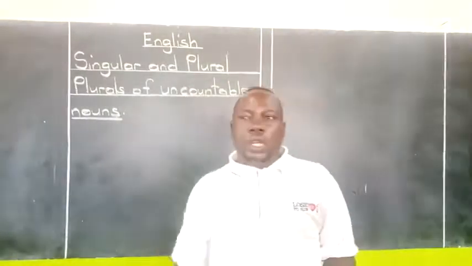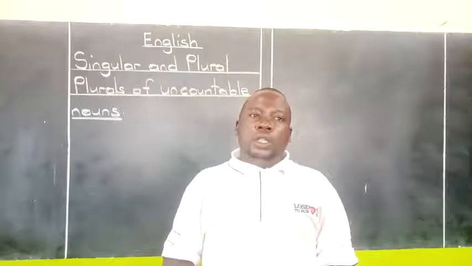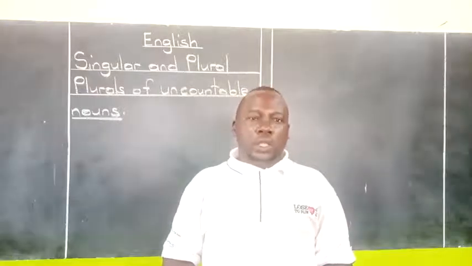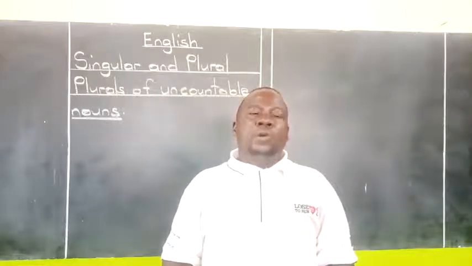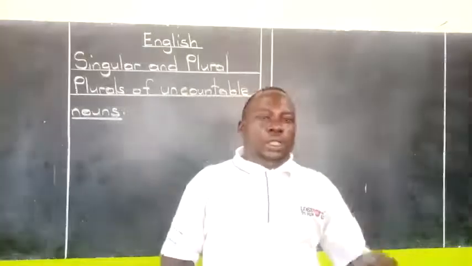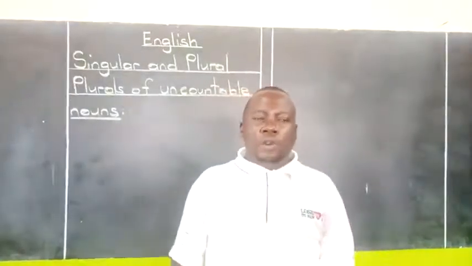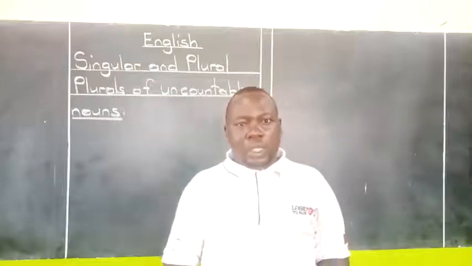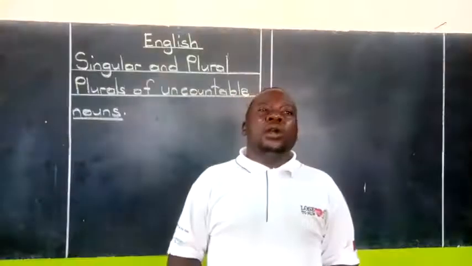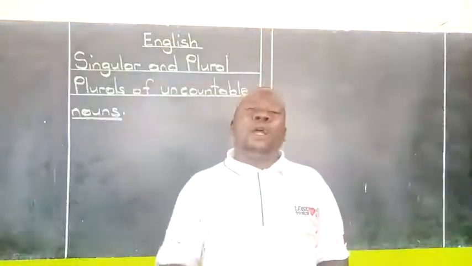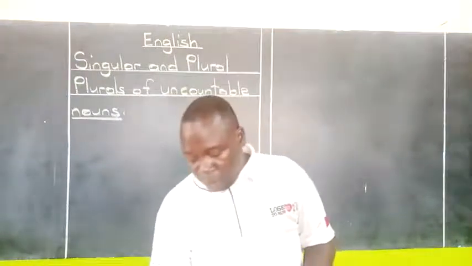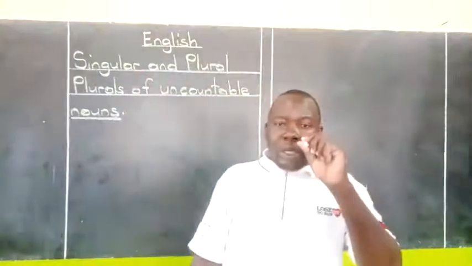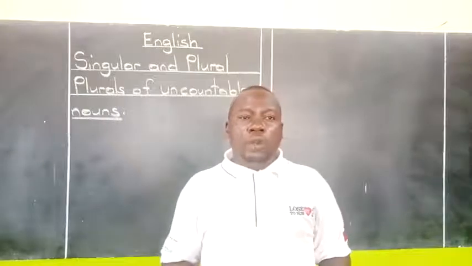Uncountable nouns are nouns that cannot be counted, like the way you count books, 1, 2, 3, 4, 5, and more. But with these ones, even if they give you 1 year, you cannot count them. Those are what you call the uncountable nouns.